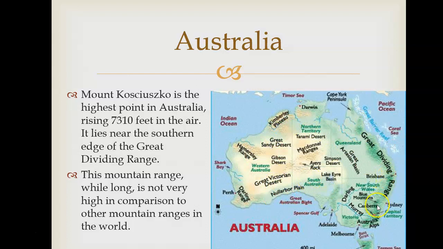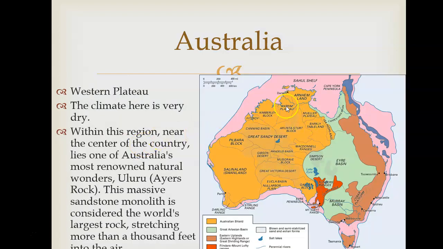You have the Great Dividing Range over here on the east coast. You have Ayers Rock, which is also known as Uluru. The Western Plateau, again, is mostly desert. Uluru, that rock that I was telling you about, is located in this area.